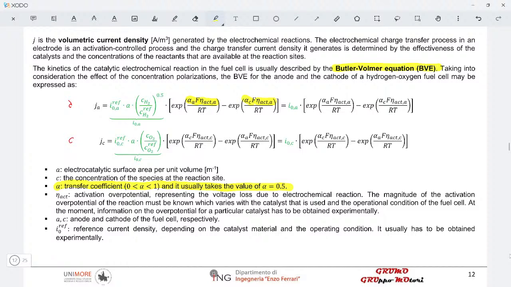and this difference in these two exponential terms here is pre-multiplied by the exchange current density. Okay, which is the term that you see here, but which can be further decomposed into the contribution of different terms. This exchange current density can be calculated starting from a reference exchange current density that typically comes from an empirical characterization of your electrode.